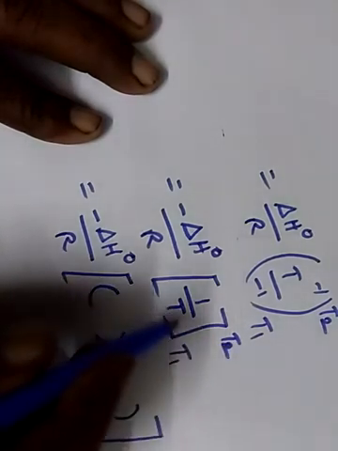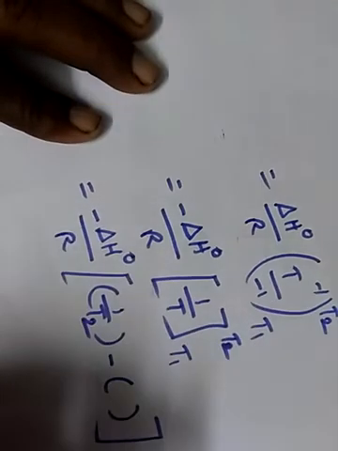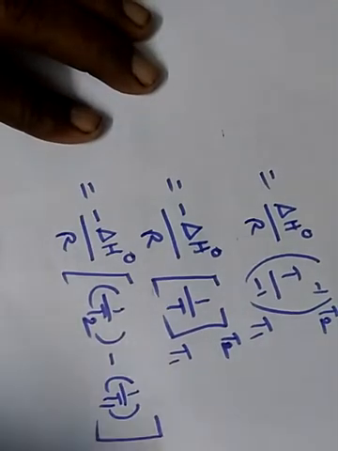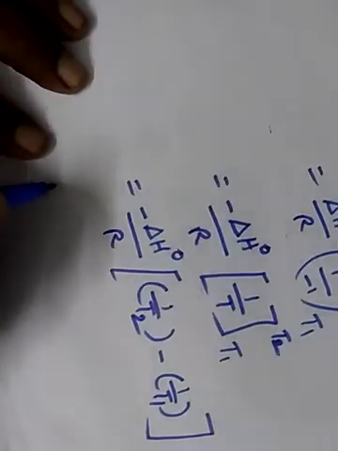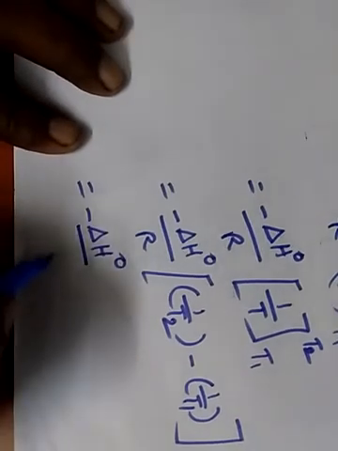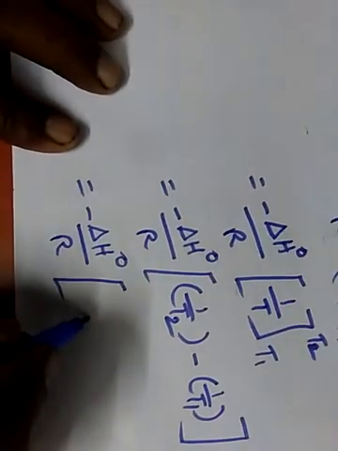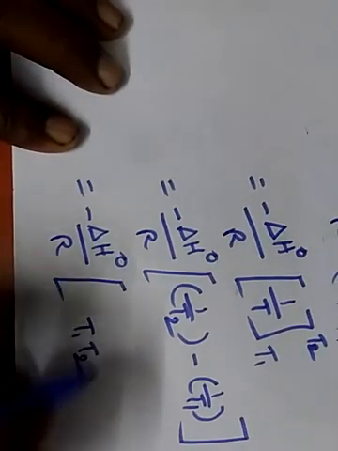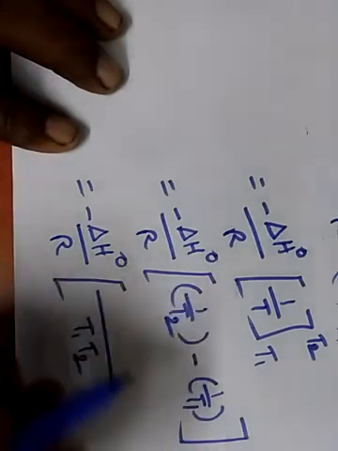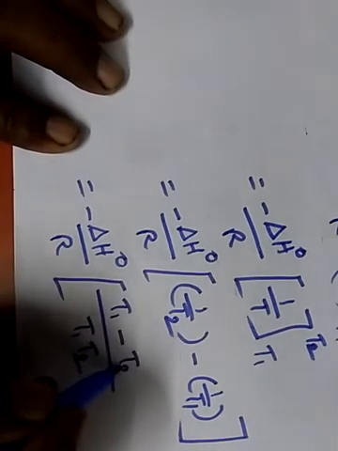Upper limit is T2, so 1 by T2. Lower limit is T1, so 1 by T1. Now you take the LCM, T1 T2 is the LCM. You cross multiply, T1 minus T2.